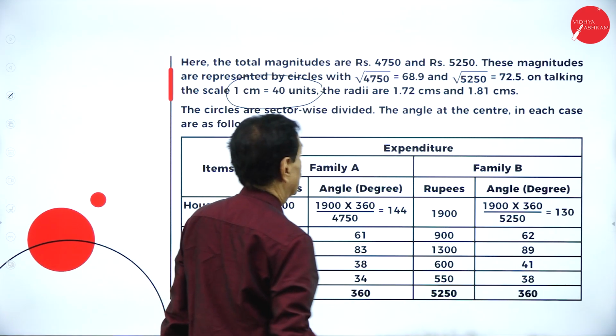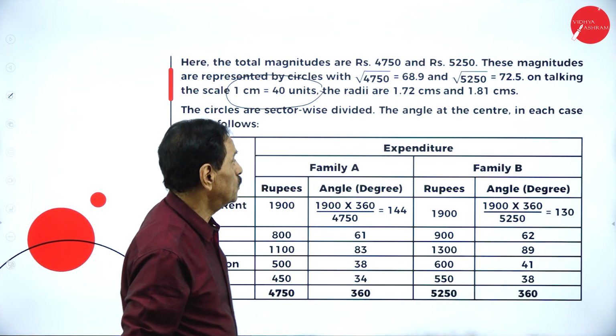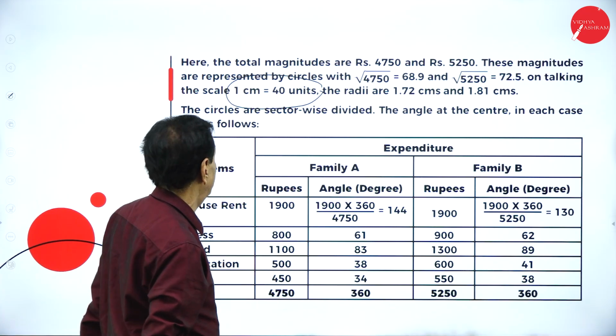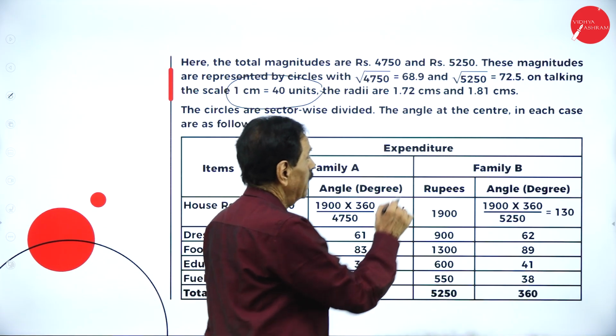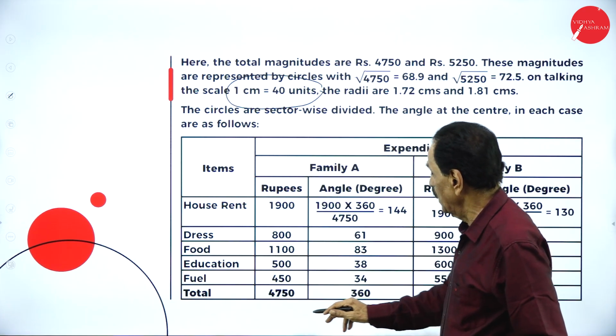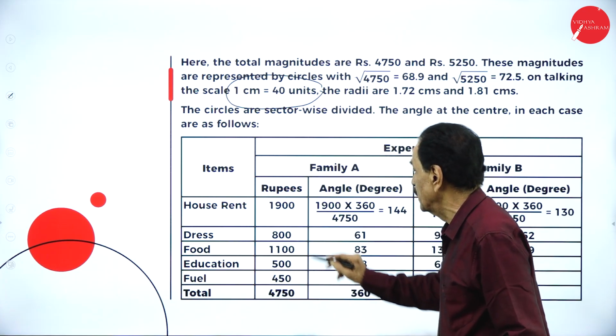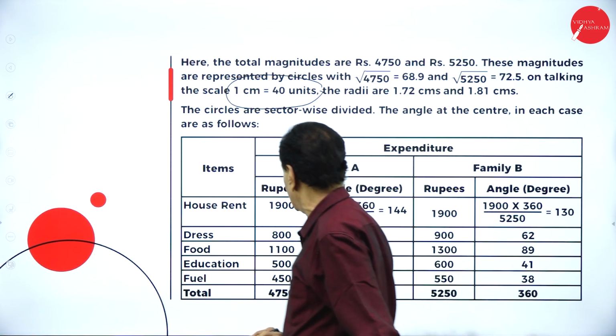The radii are 1.72 centimeter and 1.81 centimeter. The circles are divided sector-wise. The angles at the center in each case are as follows. What's your total? 4,750. 1,900 divided by 4,750 into 360 is 144.